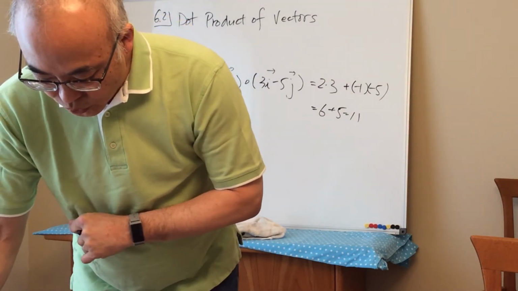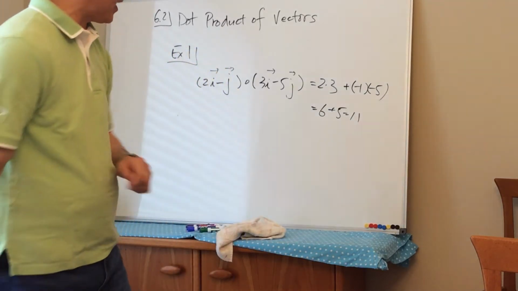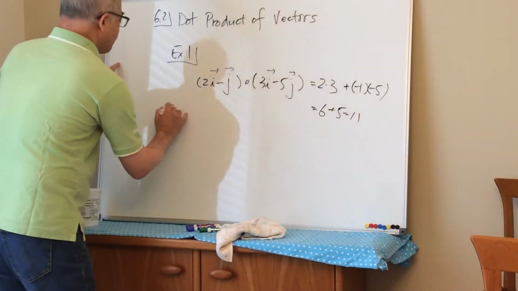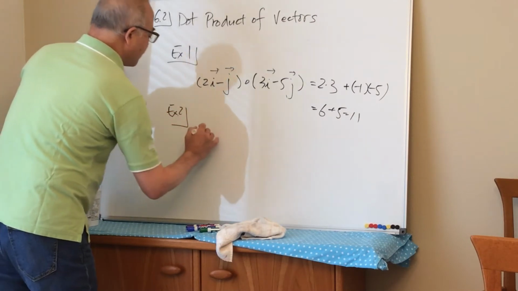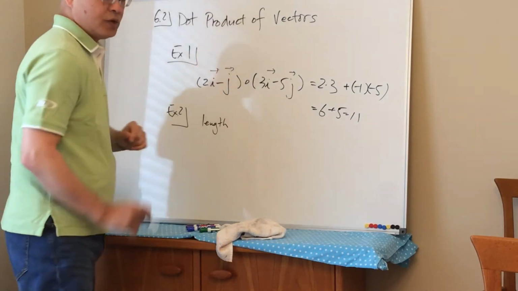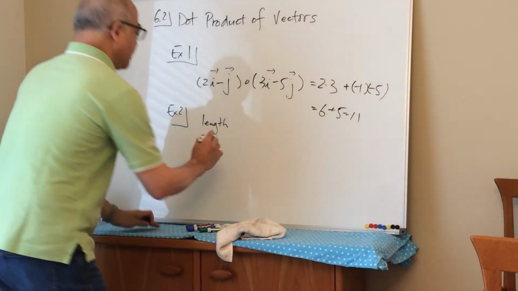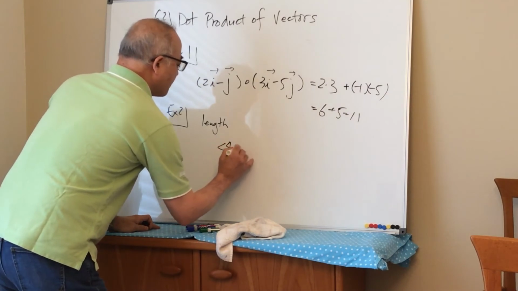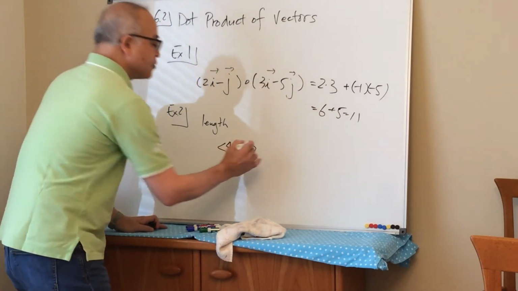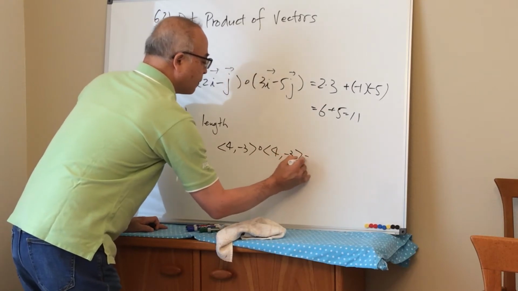Example number 2. Use a dot product to find the length of the vector (4, -3). In example number 2, they want us to find the length, or the magnitude, of the vector (4, -3). The way we're going to do that is we do the dot product onto itself.